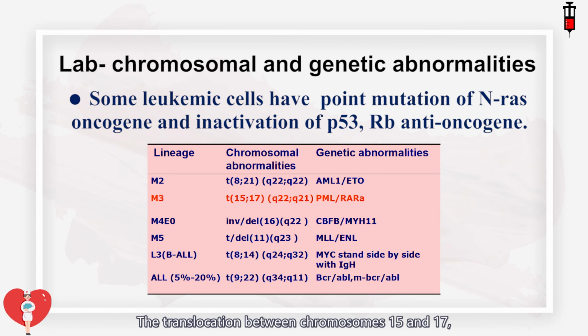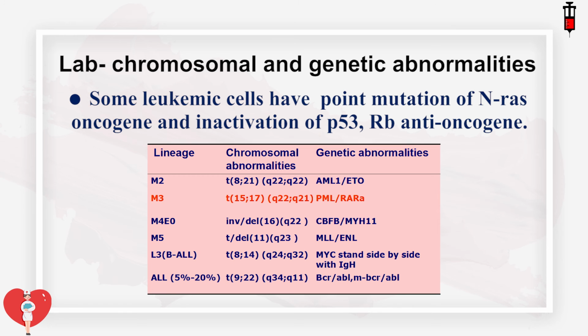The translocation fuses part of the PML gene with part of the RARA gene. The protein produced from this fused gene is known as PML-RARA, which interferes with the normal function of both the PML and the RARA proteins.